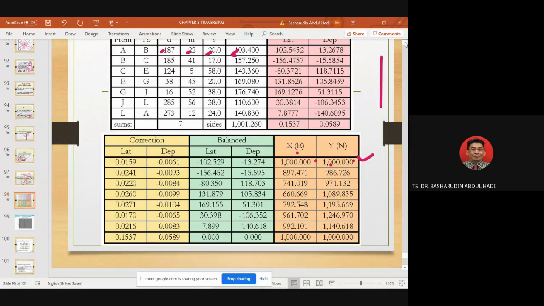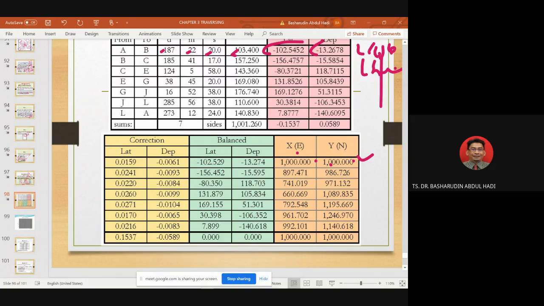So they calculate. You still remember L cos theta, L sin theta? They use these. So the latitude is negative 102.5452. Whereas for the departure, L sin theta, you get negative 30 degree 0.2678.